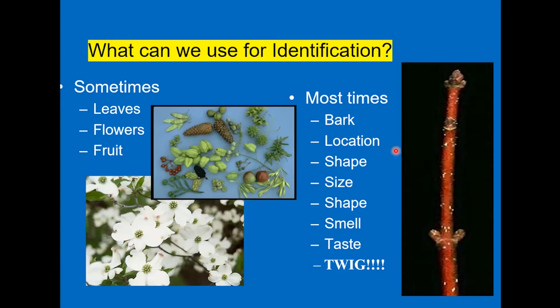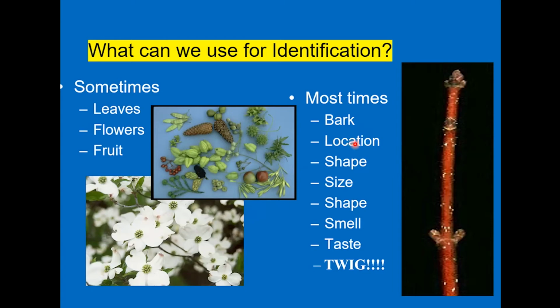But then other things to identify. Bark is a real prominent one that you use for identification. Again, jealous of those who can go out in the wintertime when there's no leaves, look at the bark and identify what tree it is. Location helps, like we were just talking about location.